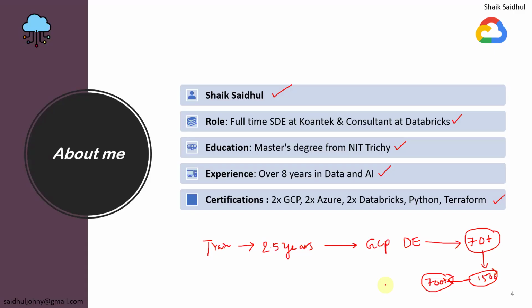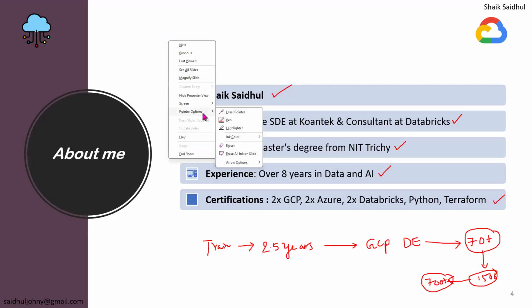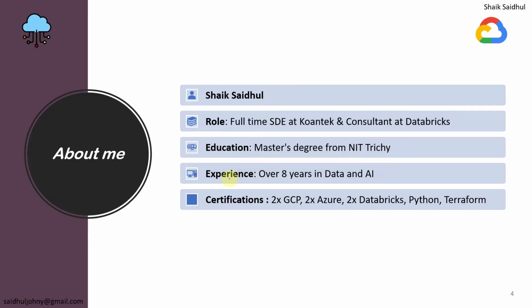So there's a huge demand for GCP data engineers, guys. I have more than 2.5 years of experience in GCP data engineering training itself, and I have taught more than 70 batches. So you are in safe hands when it comes to GCP data engineering training.